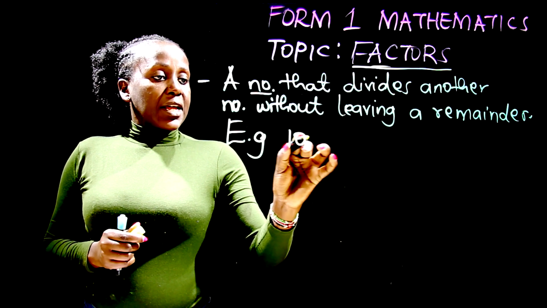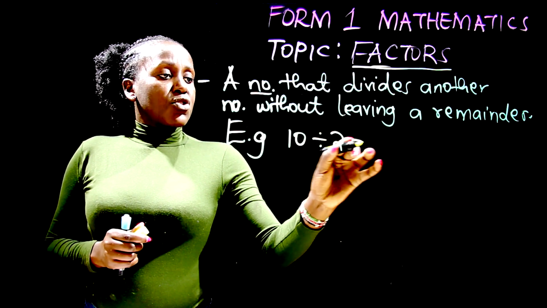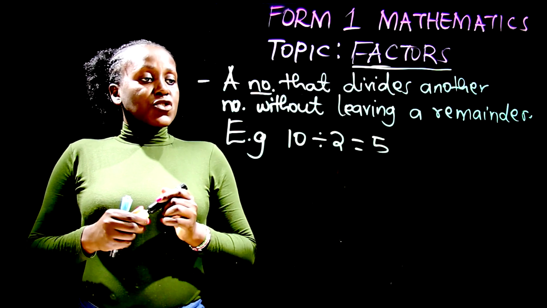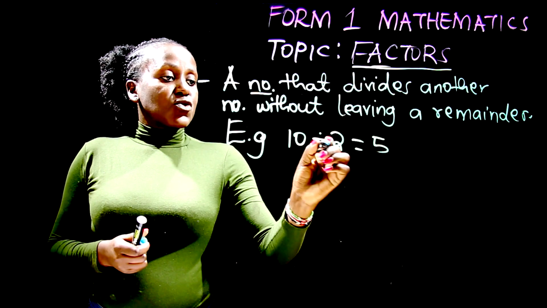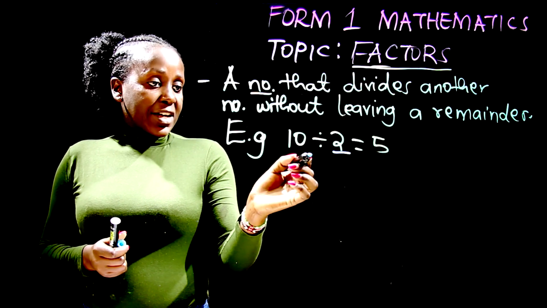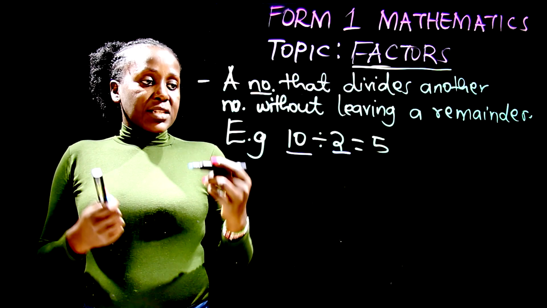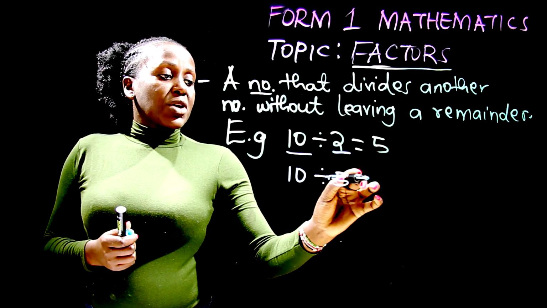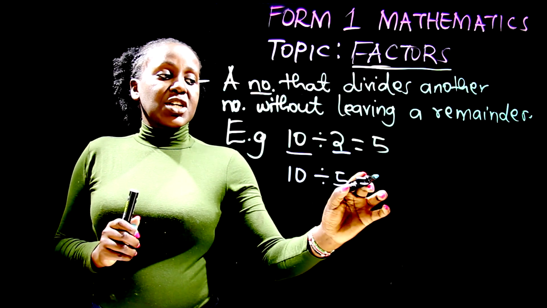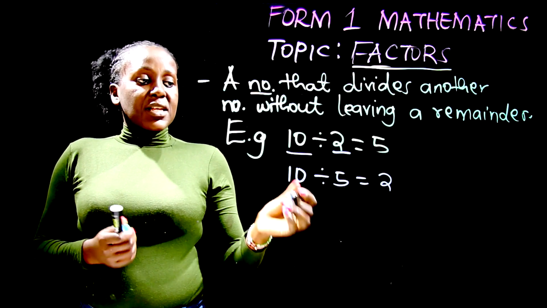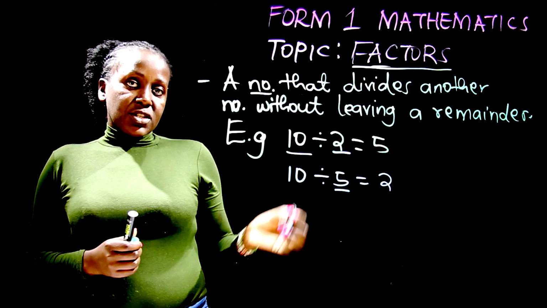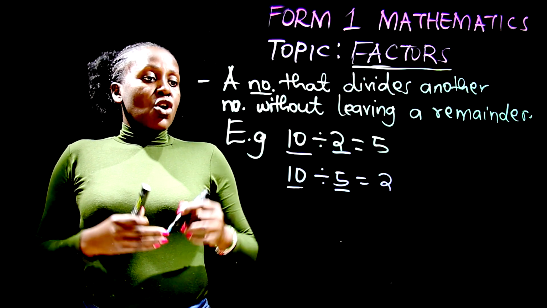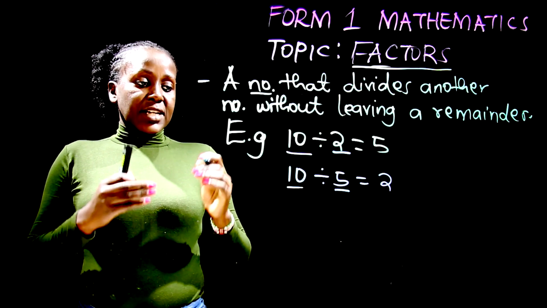If you divide 10 by 2, you get a perfect answer, 5, without a remainder. So this means that 2 is a factor of 10, okay? Same case, if you divide 10 by 5, you get a perfect answer, which is 2. This means that 5 is also a factor of 10. So let us try and list down all the factors of 10 that are there.